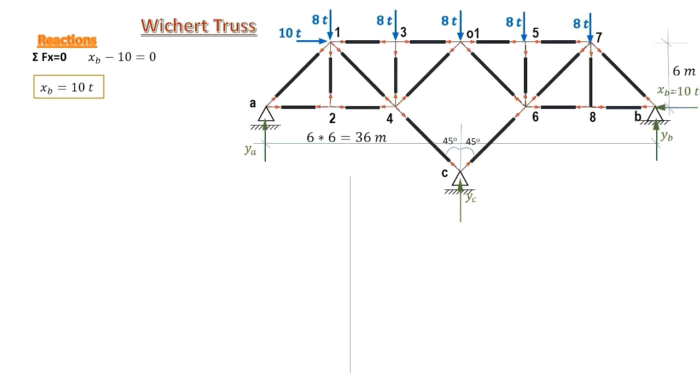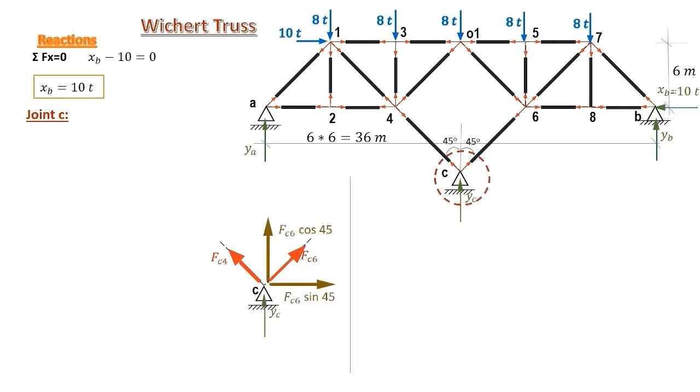So let's consider the joint method and take joint C. Let's extract it outside here. Let's start deducing a relationship between the two internal forces first, the force in member C4 and the force in member C6. This is done by taking the equilibrium in the x direction.